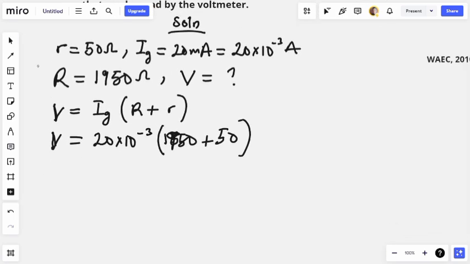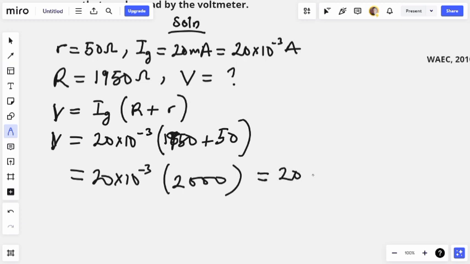If we continue to process that, we have 20 times 10 raised to the power minus 3 times, that plus that will give you 2,000, which equals 20 times 10 raised to the power minus 3 times 2 times 10 raised to the power 3. 2,000 is the same thing as 2 times 10 raised to the power 3, or 2 times 1,000.